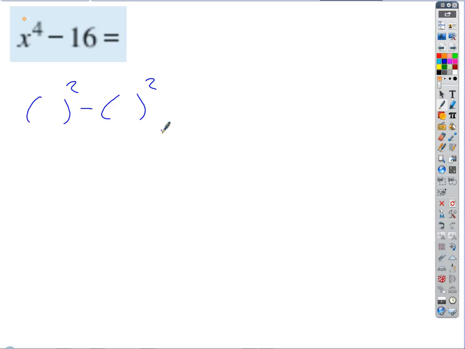Something squared minus something squared. So what's the first something going to be? Yeah, what squared is x to the fourth? Well, x squared is, right? So a is x squared. What's b? Okay, so we could follow the pattern. Let's remind ourselves real quick, what is the factoring pattern for a difference of squares?